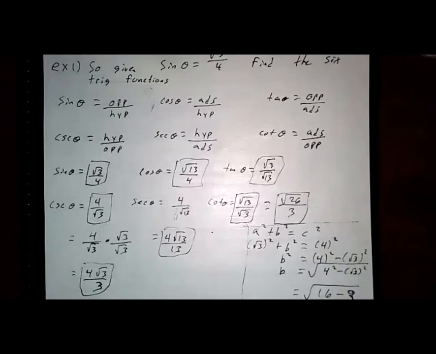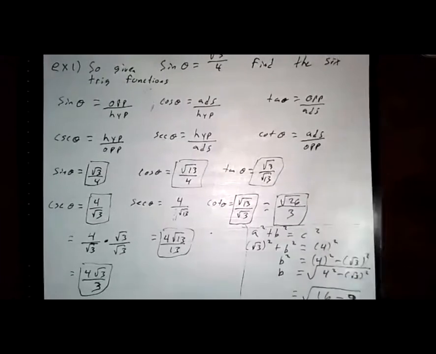All right, so in the homework, you also have stuff where they use a complementary angle theorem. So I'm going to go ahead and give that to you, and then we'll do a couple examples.